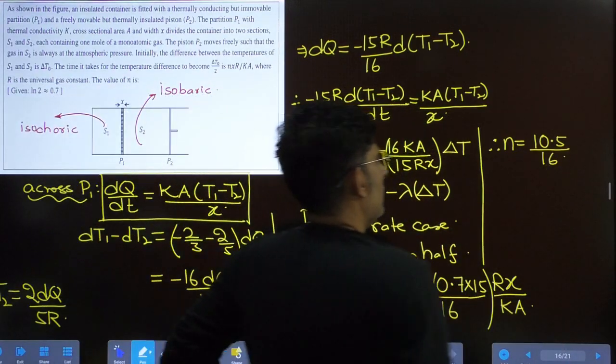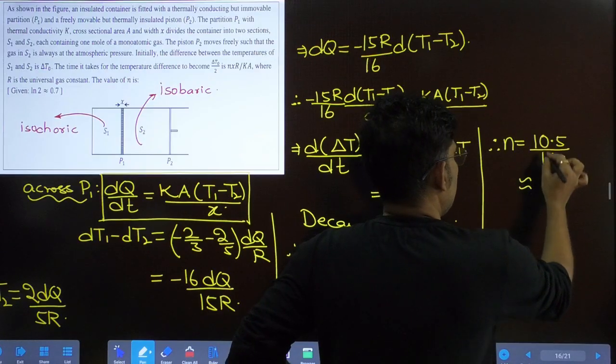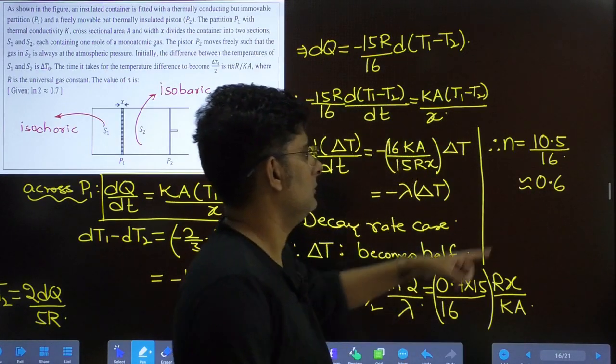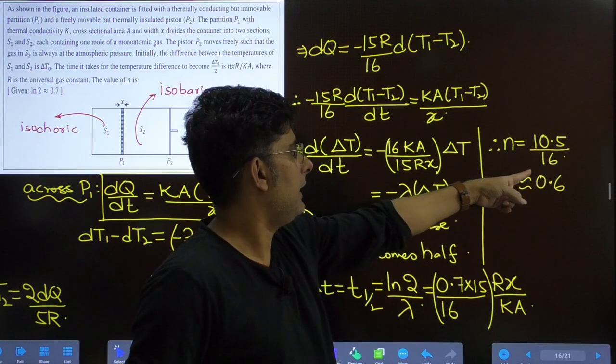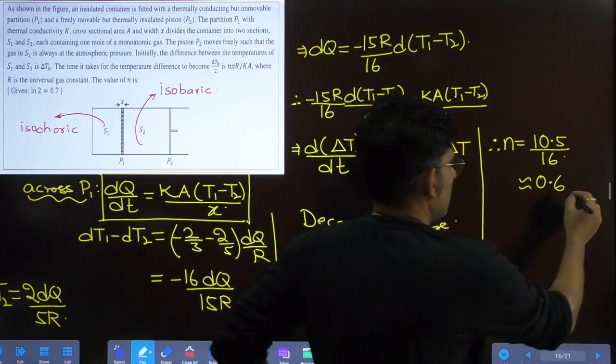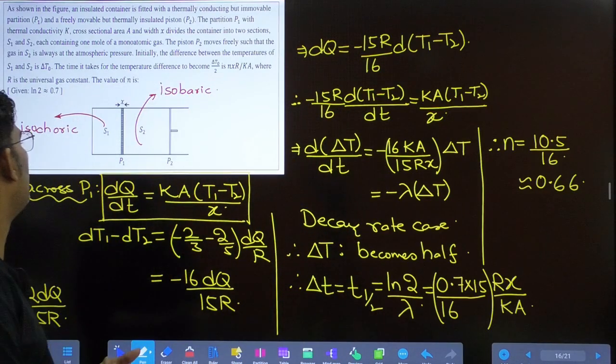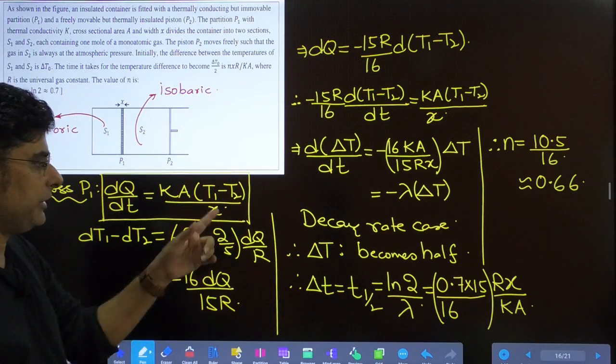So this is approximately 16 sixes are 96, okay, and then 0.66. So N is around 0.66. I hope it is clear to all of you.